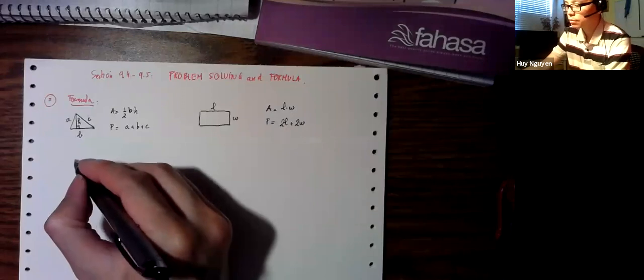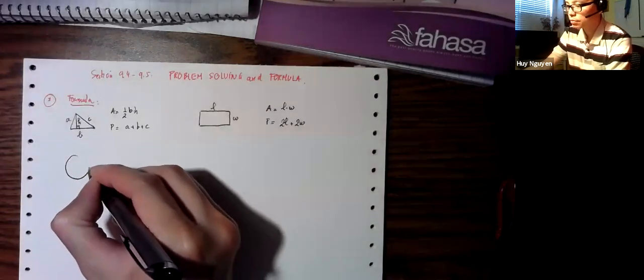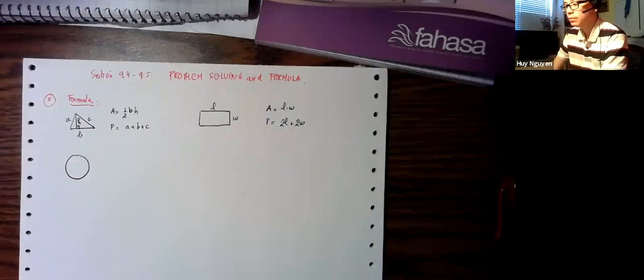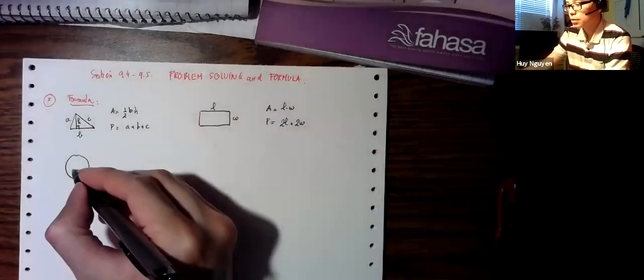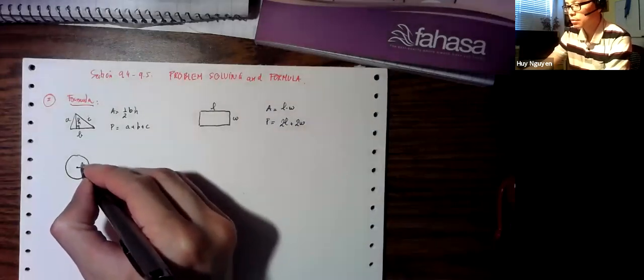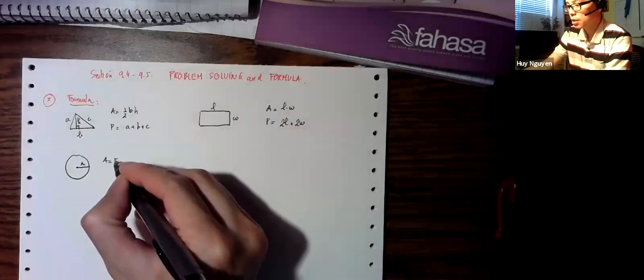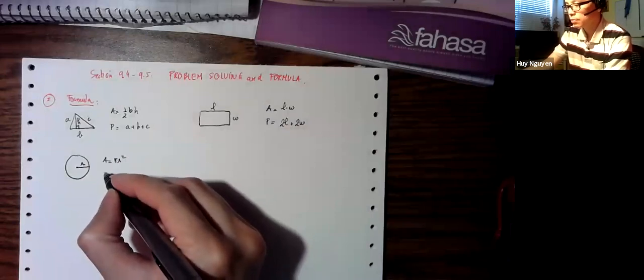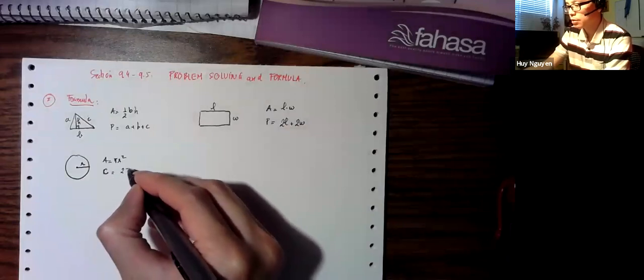For the circle, the center is the radius. Area is pi r squared. The perimeter, the circumference, is 2 pi r.